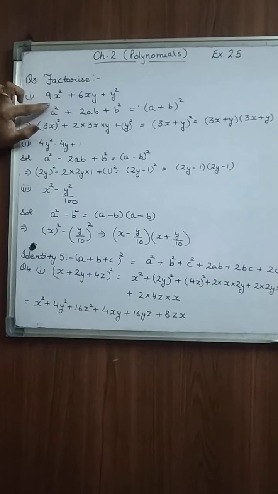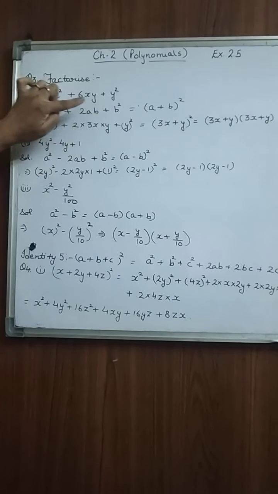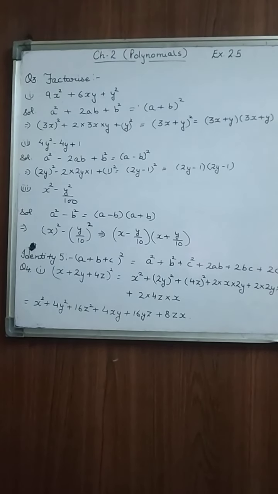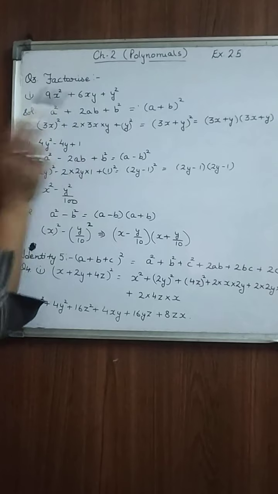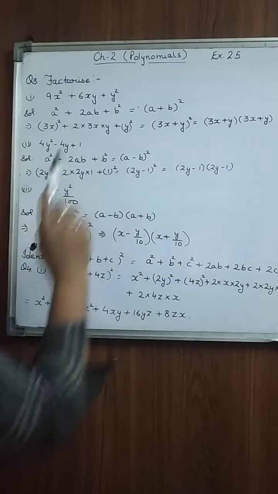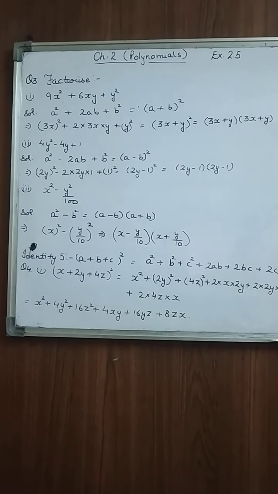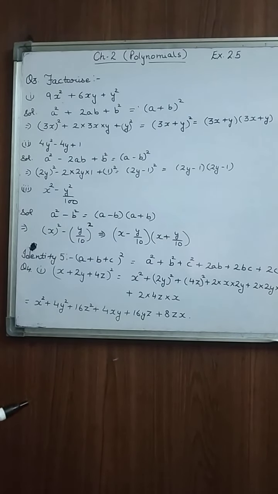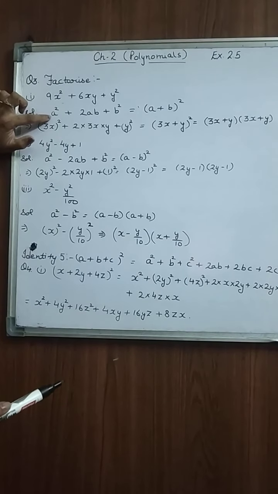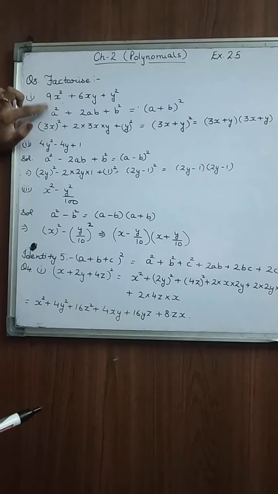Yes, it looks like a square plus b square plus 2ab. And we know this identity: a square plus 2ab plus b square is equal to a plus b whole square. So let's check what the values will be if we take it in the form a plus b whole square.